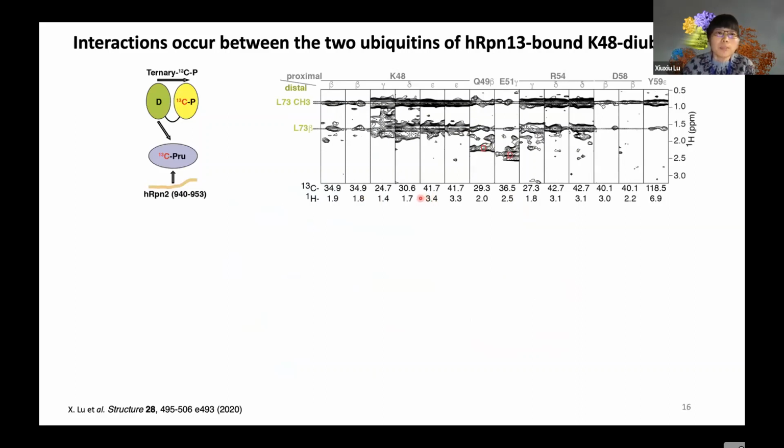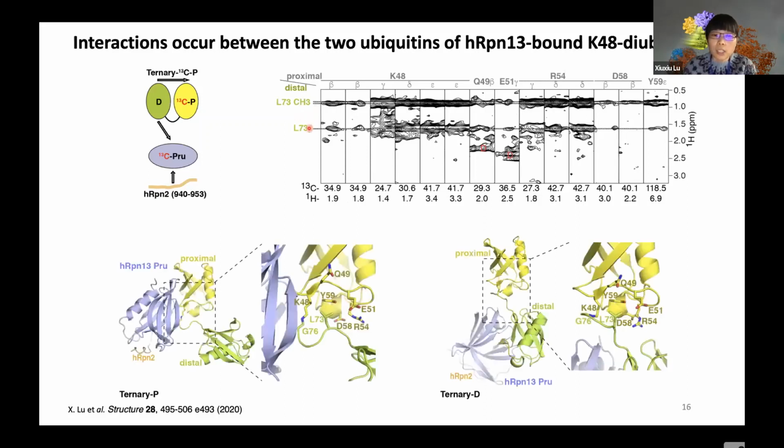Surprisingly, interactions between proximal ubiquitin and distal ubiquitin were also observed. This is the selected NMR data of carbon-13 half-filtered NOESY acquired on this sample. These are the carbon-13 labeled proximal ubiquitin residues. You can see a lot of NOEs formed to distal ubiquitin leucine 73. In the structure, leucine 73 forms extensive interactions with proximal ubiquitin centered on tyrosine 59.